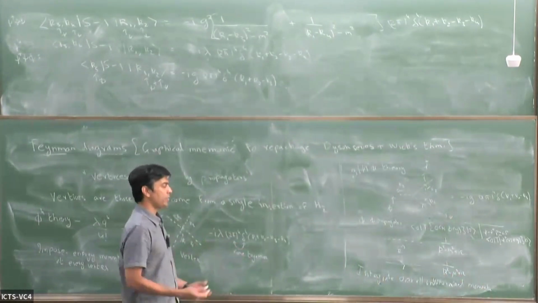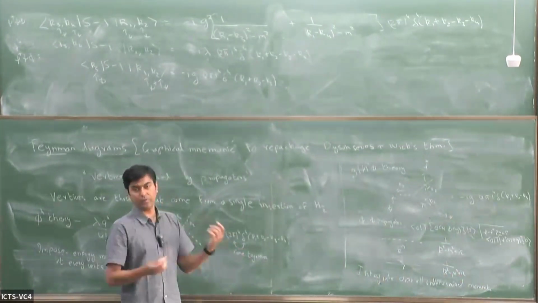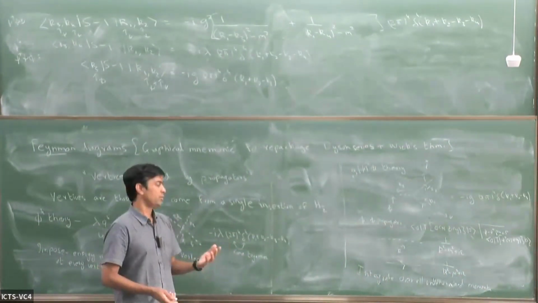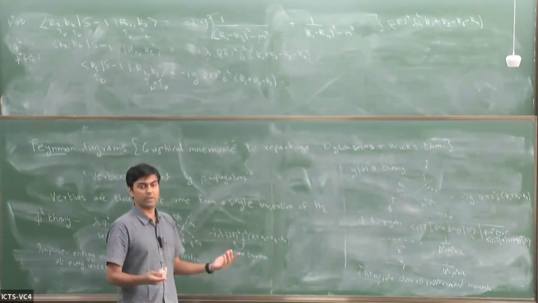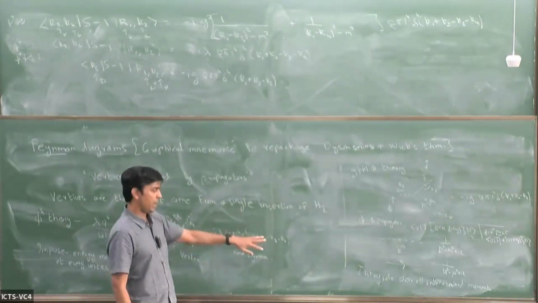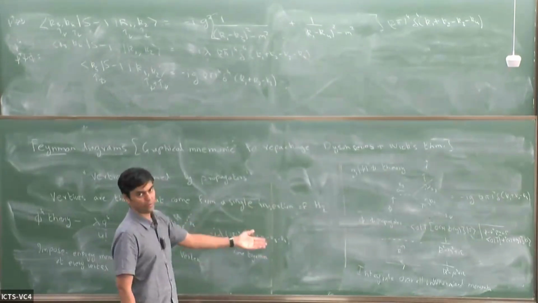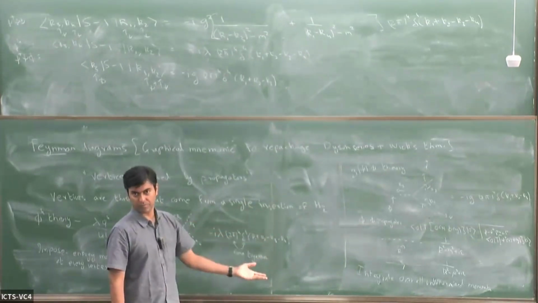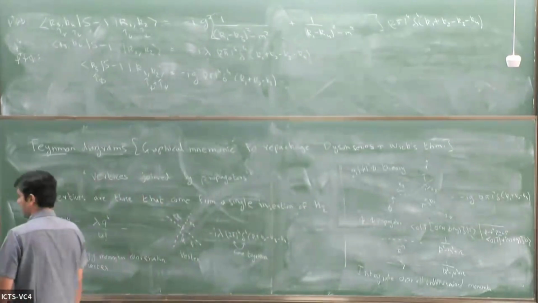It will happen in a few lectures from now that these integrals will not be trivial. There will be some momenta which will not be fixed, and then there will really be integrals we'll need to do. For now, in today's lecture, all the integrals we'll see will just be trivial. Okay, good.